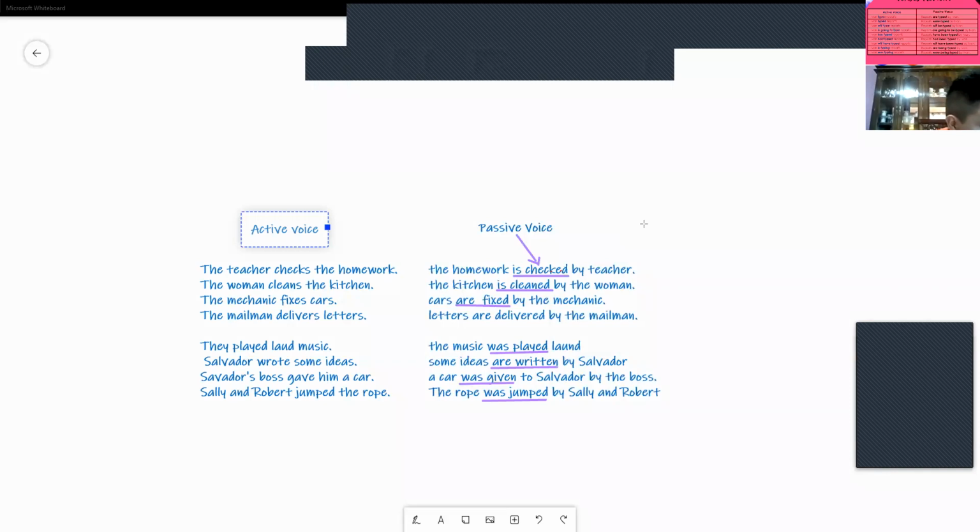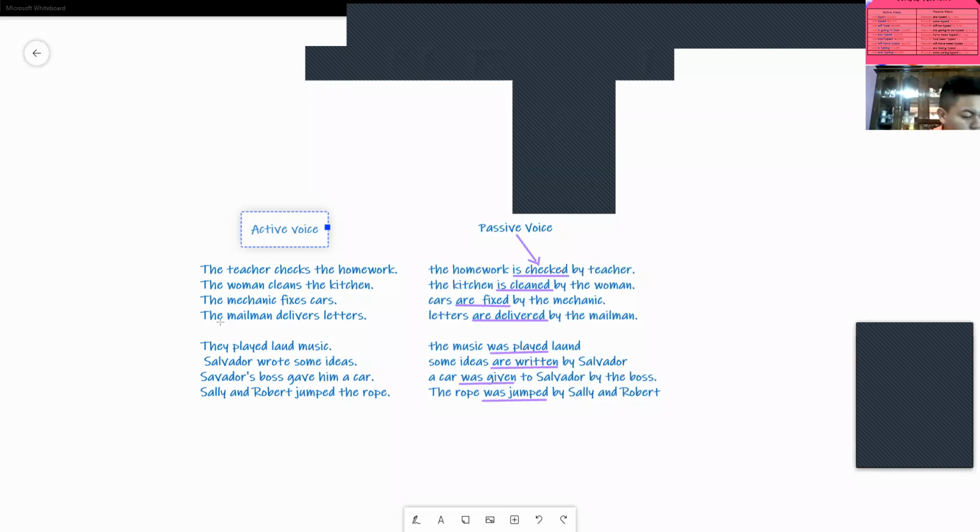Is checked, is cleaned, are fixed, are delivered. These are your verbs in passive. Okay.